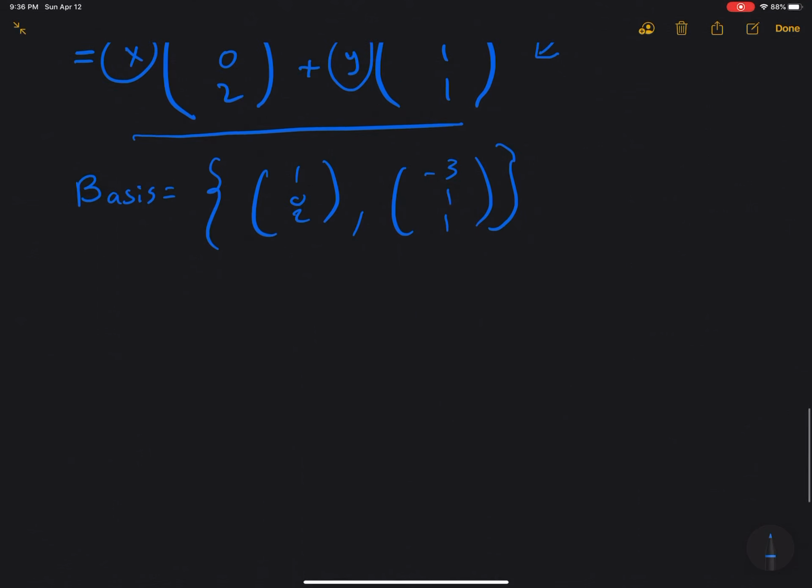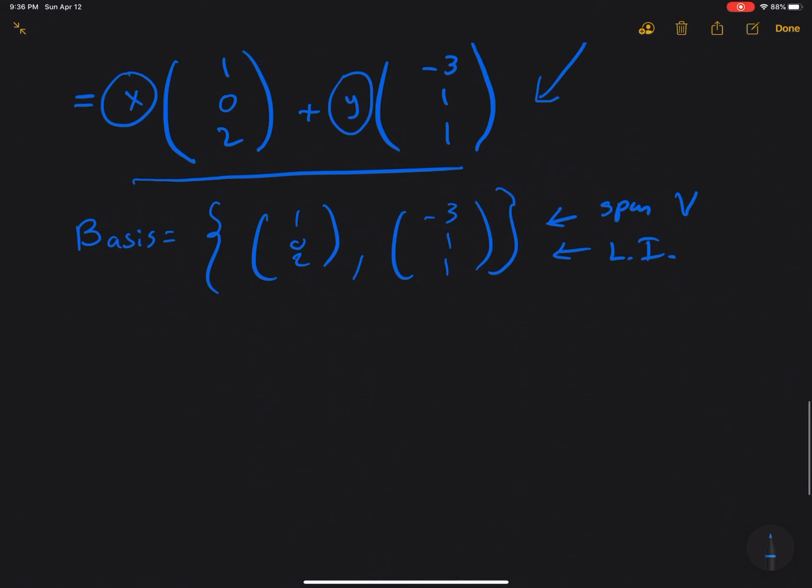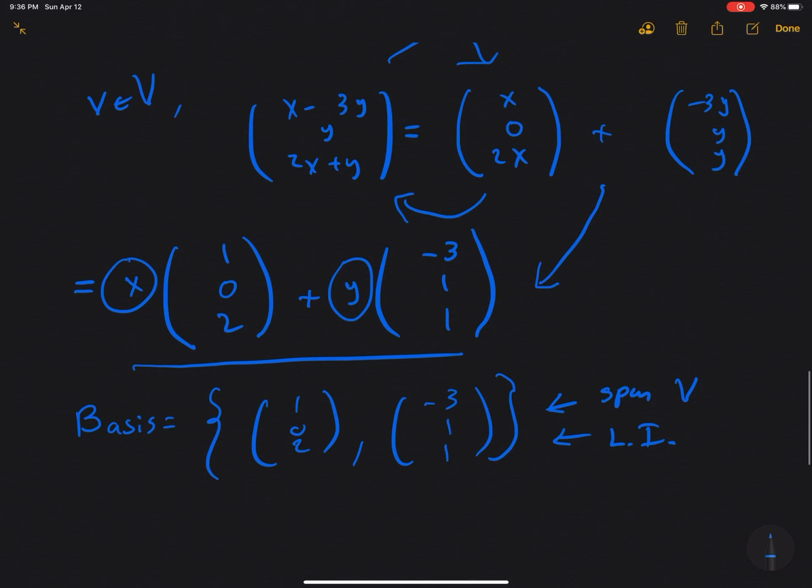So what I would have to show is that it spans V, and I would have to show that the two of them are linearly independent. So hopefully you can see that the first part is met.